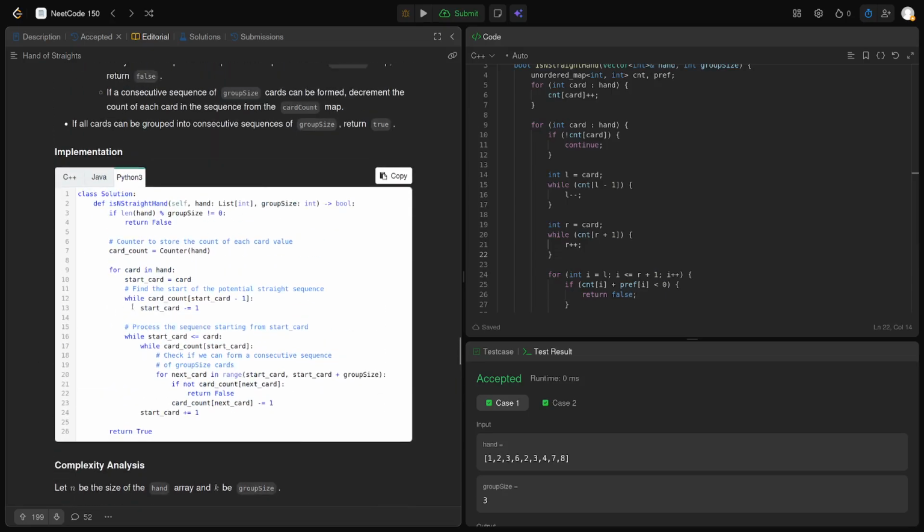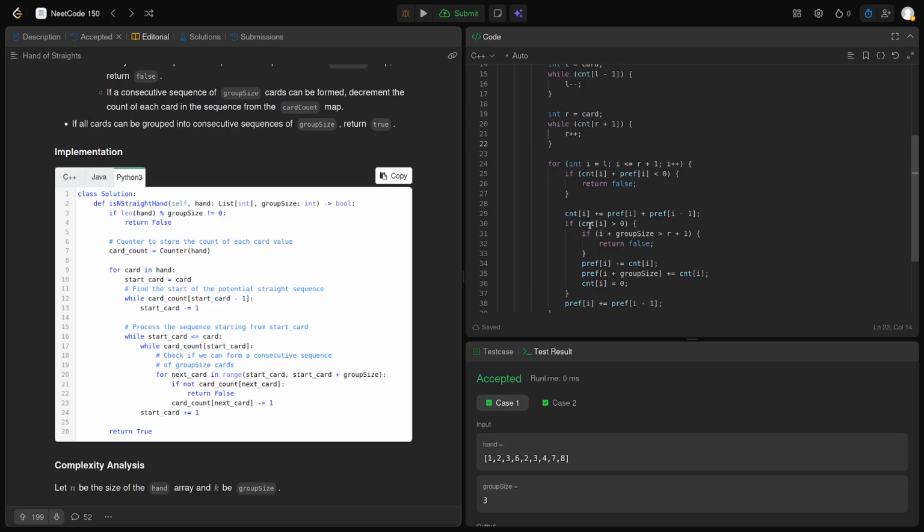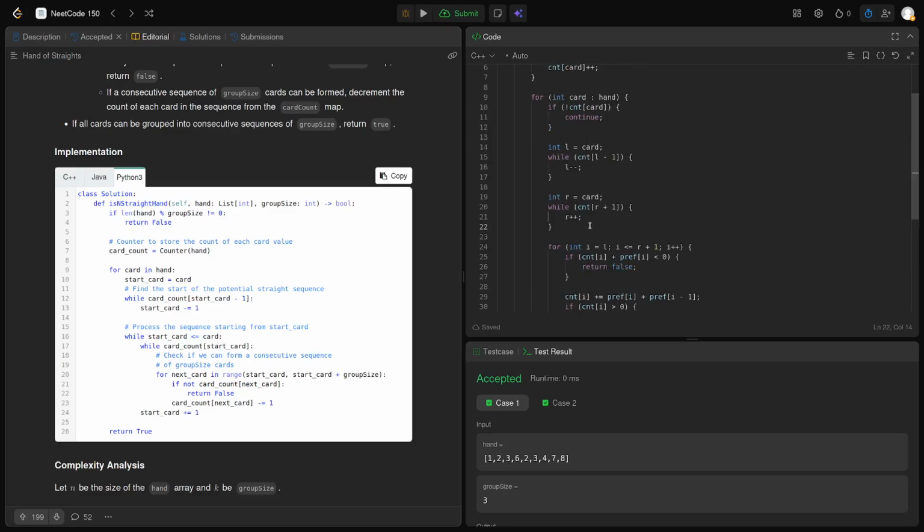What is this? So you do counter, start count, okay. Okay, blah blah blah. I mean, that's very much simplified, but whatever.